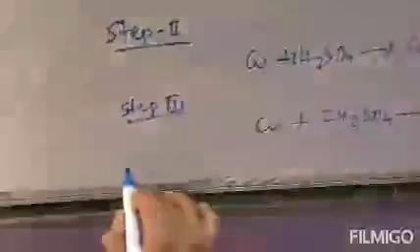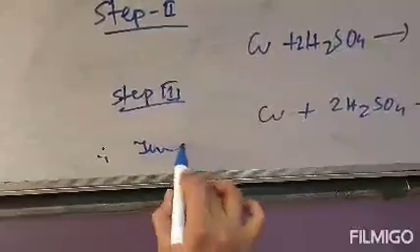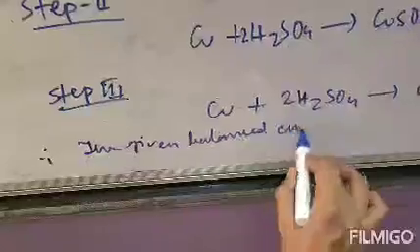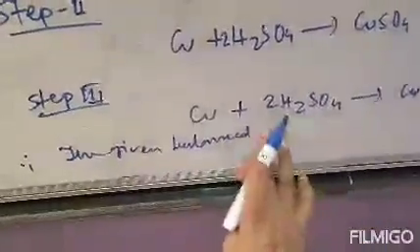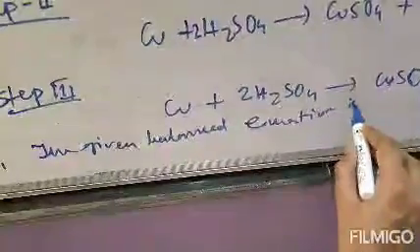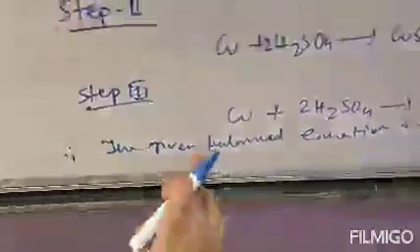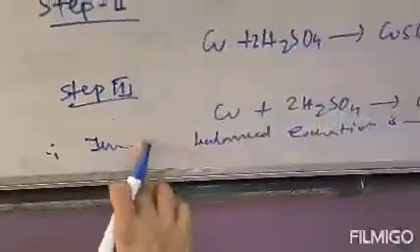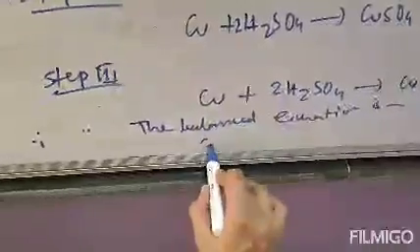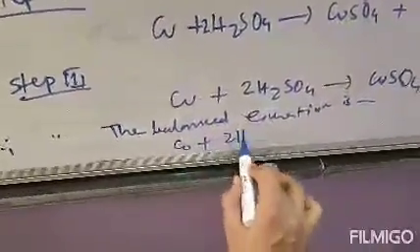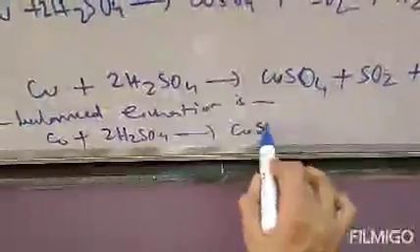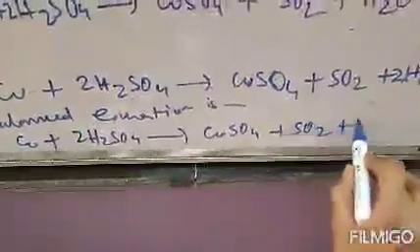So you will write here the given balanced equation. The balanced equation is Cu plus 2H2SO4 arrow CuSO4 plus SO2 plus 2H2.